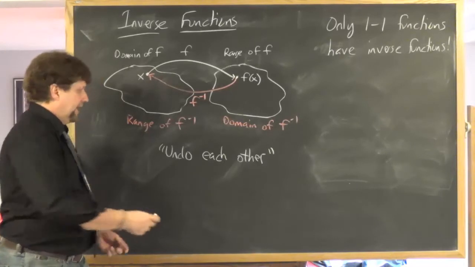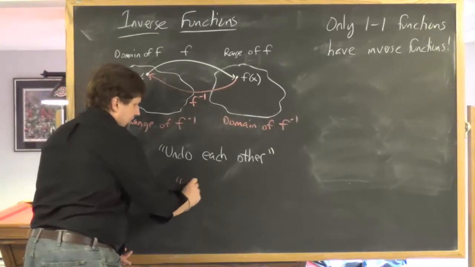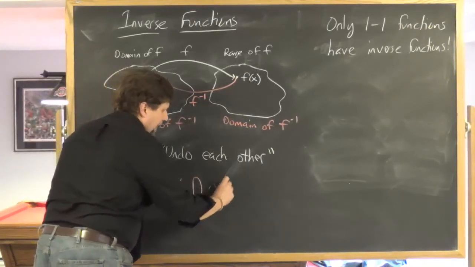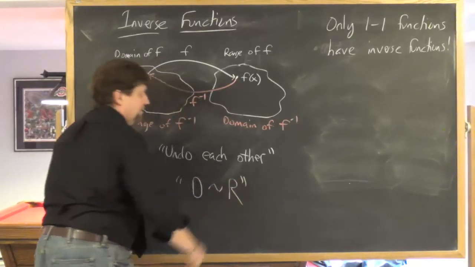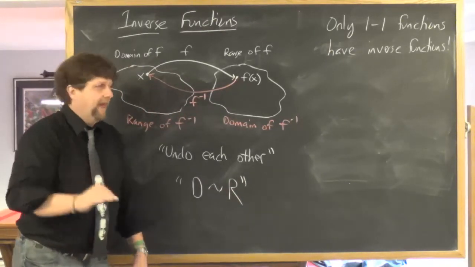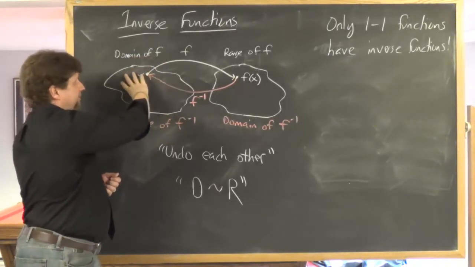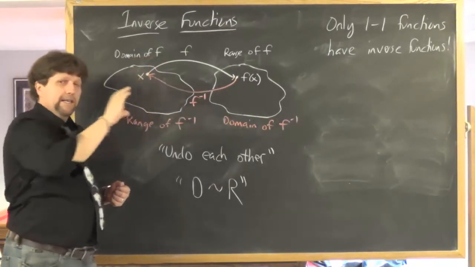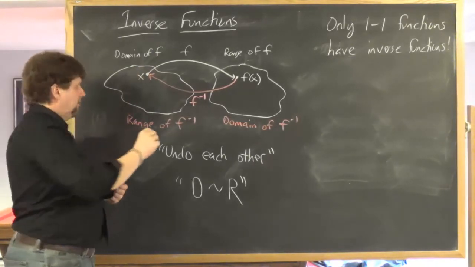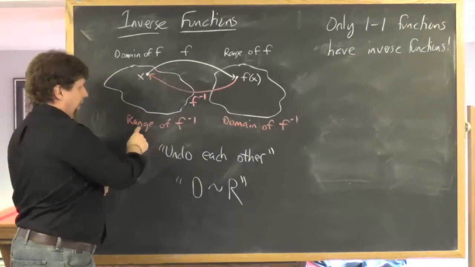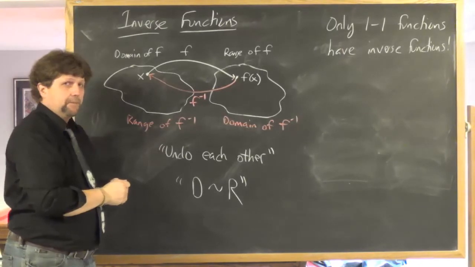The second thing I'd like to point out is this domain to range agreement. Well, what do I mean by that? And this is really important. Notice how the domain of the function must equal exactly the range of the inverse function.